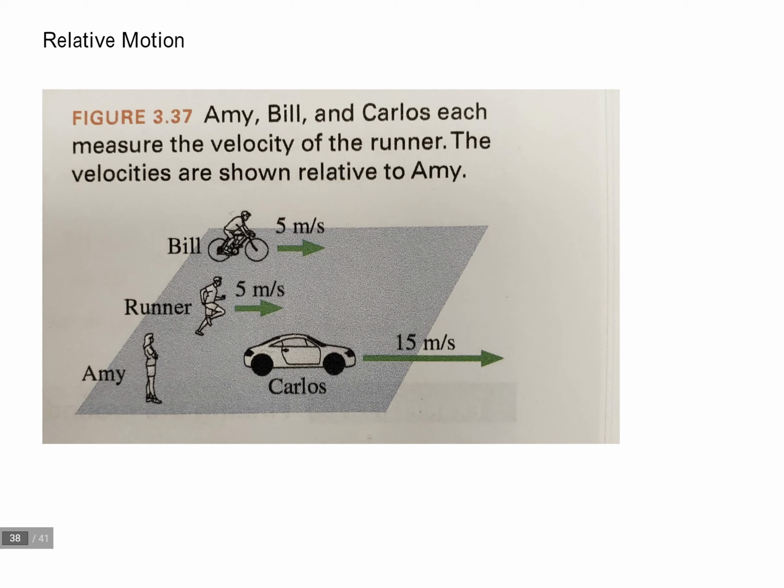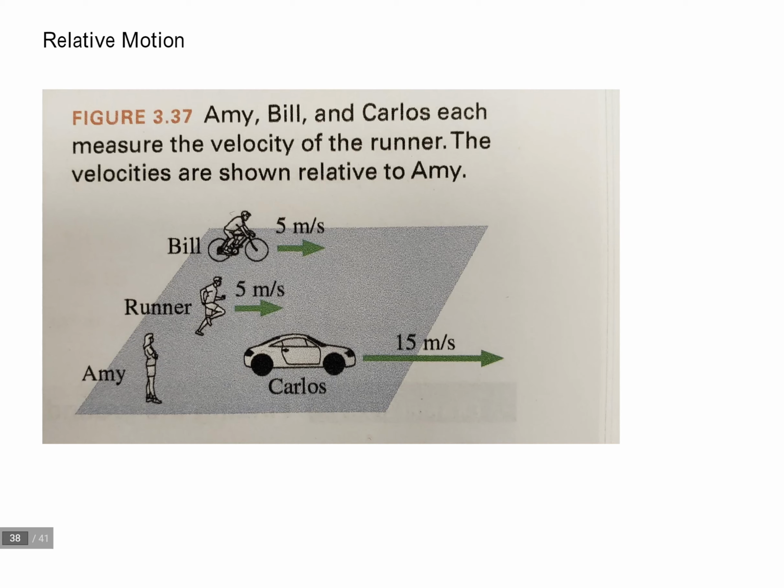What about relative to Carlos? How fast is the runner going? Well, Carlos is moving forward in the positive direction at 15 meters per second. The runner is moving in the positive direction as well, but only at 5 meters per second.